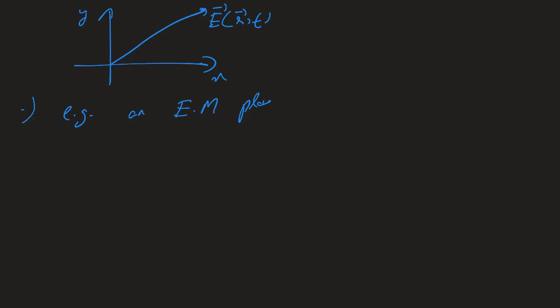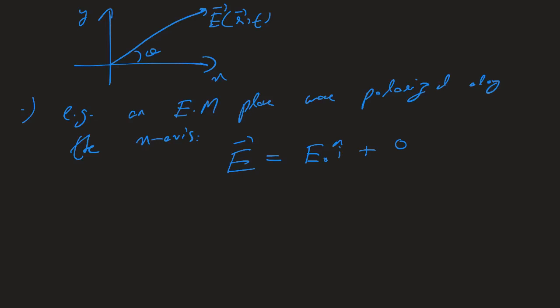What I mean is, if we have our y and x axes, and this is the electric field vector in the xy plane, then, for example, if you have an electromagnetic plane wave polarized along the x-axis, you can write the electric field vector as some E naught i hat plus 0 j hat.